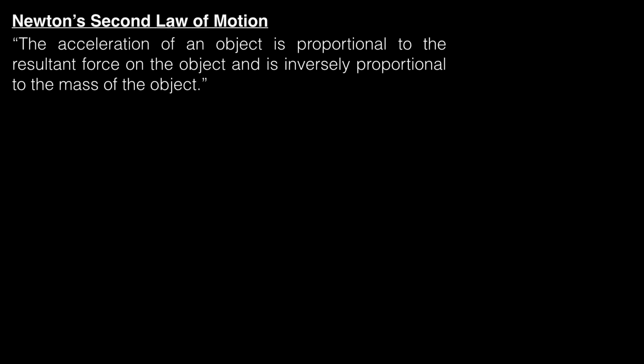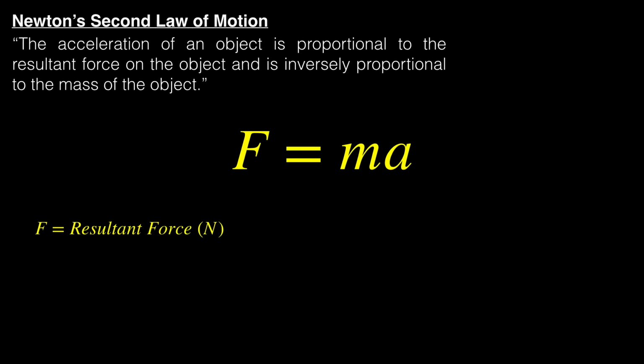Well, quite simply we use F equals ma, where F is the resultant force in newtons, m is the mass of the object in kilograms, and a is the acceleration in meters per second squared.